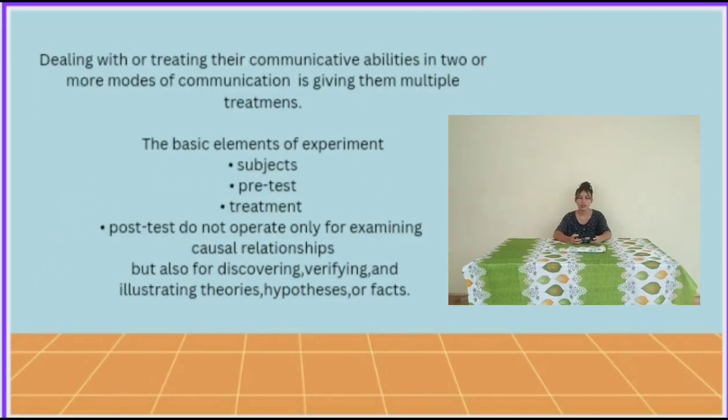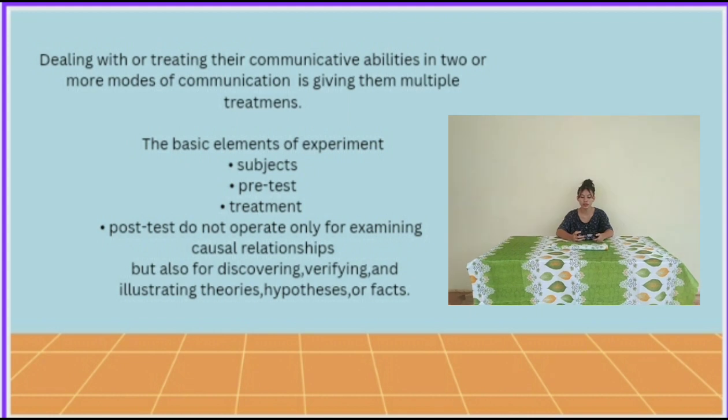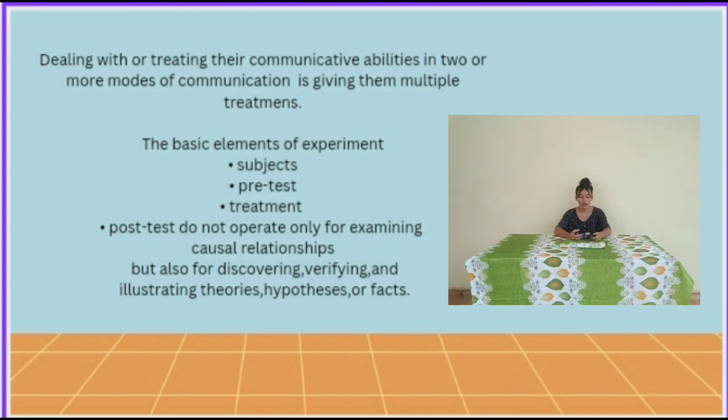Giving them communicative activities in two or more modes of communication is giving them multiple treatments. The basic elements of an experiment, which are subject, pretest, treatment, and post-test, operate not only for examining causal relationships but also for discovering, verifying, and illustrating theories, hypotheses, or facts.